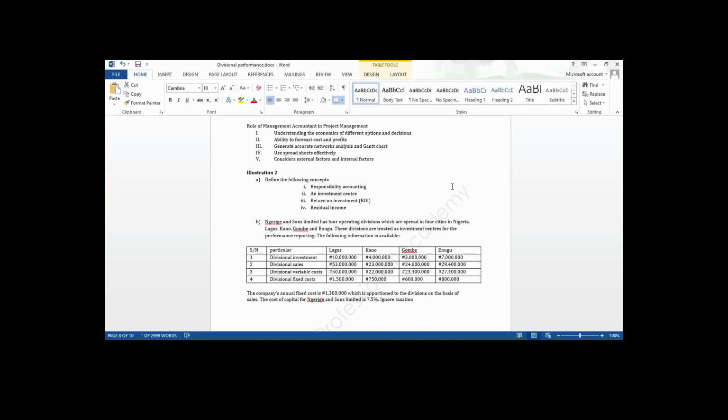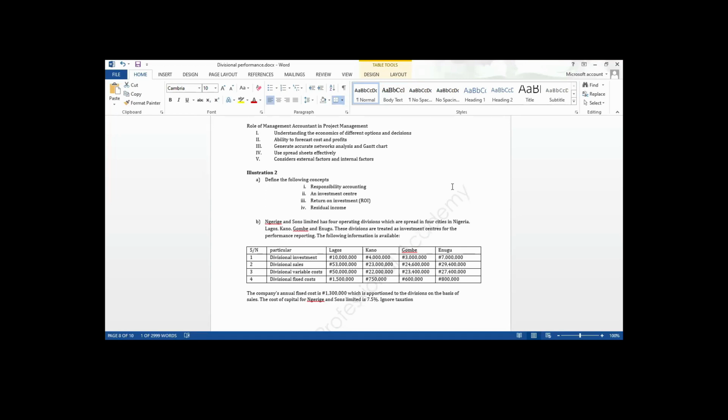Responsibility accounting. This is where a specific individual or a manager is given a responsibility for a specific aspect of the company's business. Maybe in your office, you are responsible for monitoring the company's overhead cost.